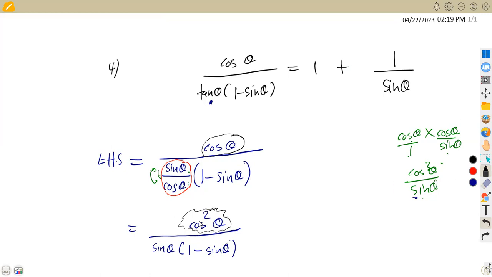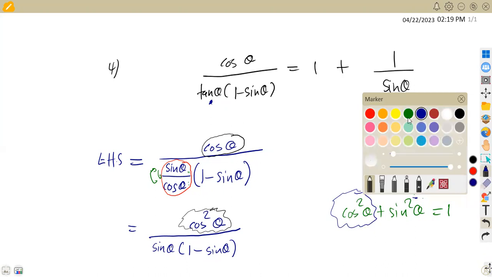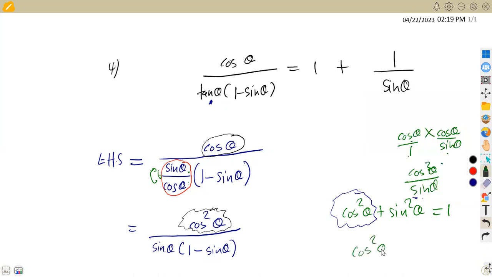So which means we can also get rid of cos squared from the same identity that we had, our Pythagorean identity of cos squared theta plus sine squared theta, which is equal to 1. We can actually make the cos to be the subject. We can transpose cos to be the subject, meaning to say the cos squared of theta is equal to 1 minus sine squared theta.